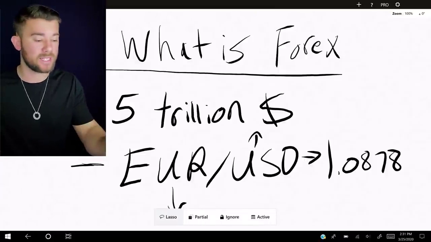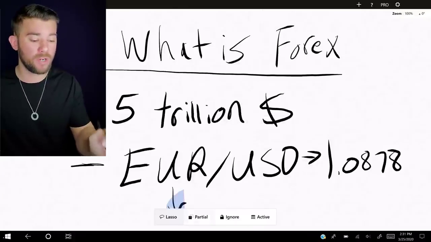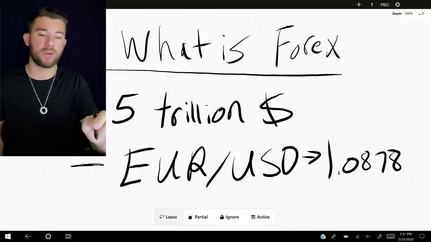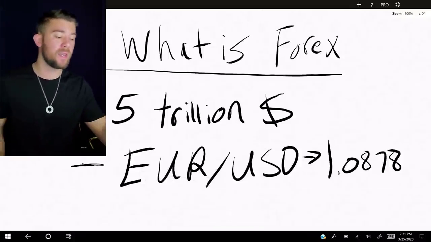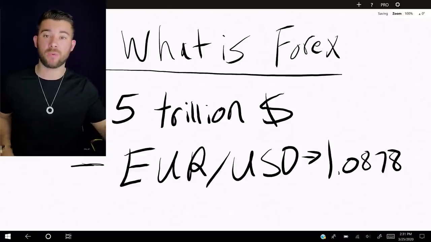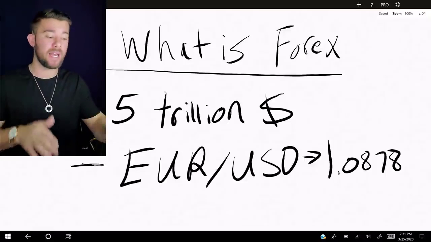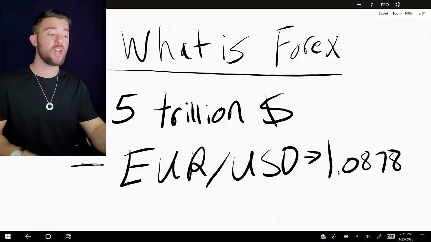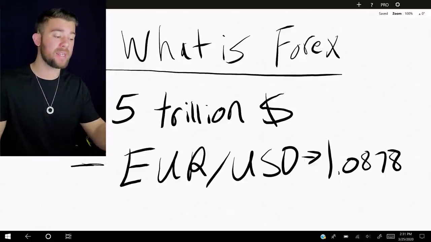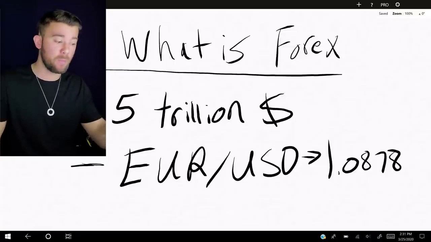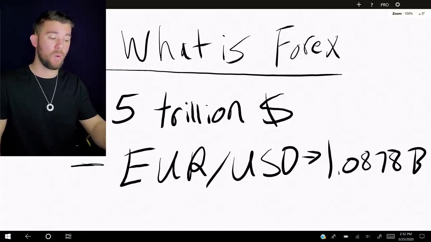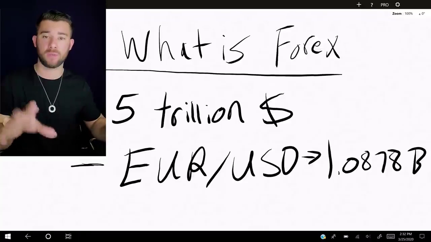So let's do an example of that right now. What you're actually making money on in the Forex market and what you're trading based on is this exchange rate fluctuating in value, going up and going down. So if this exchange rate goes from 1.0878, let's say you put in a buy order. We're going to go over all of this later on, so don't get confused yet.